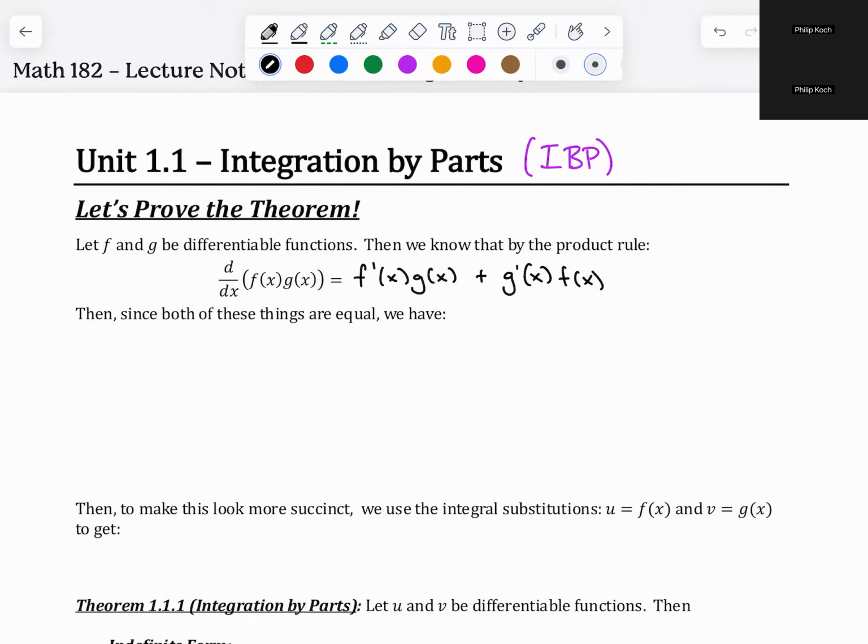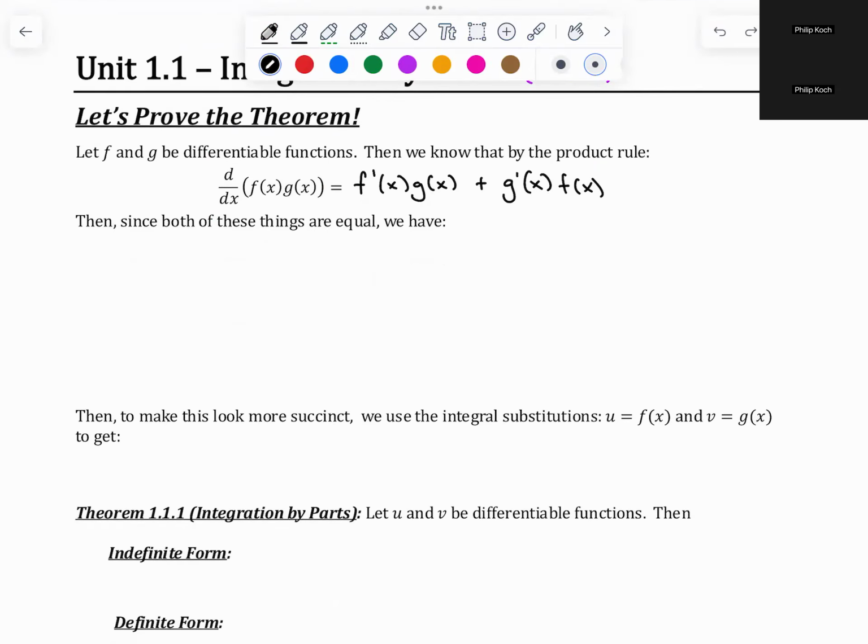Sometimes you might see people do this. Don't write this down. That's essentially what we're doing. Since both sides are equal to each other, we can put them inside of an integral and claim that those are equal. So we've got the integral of d/dx of f of x g of x dx is equal to the integral of that sum.